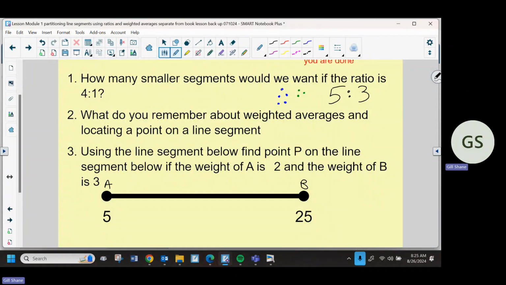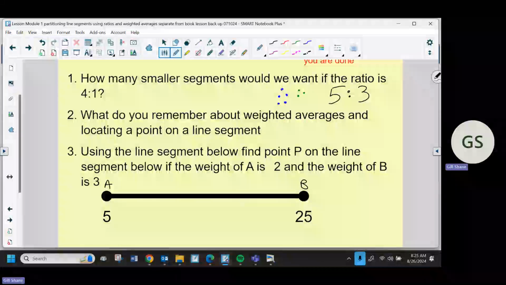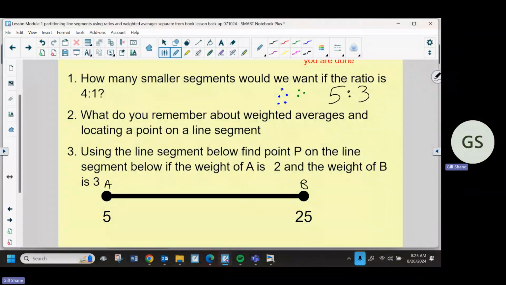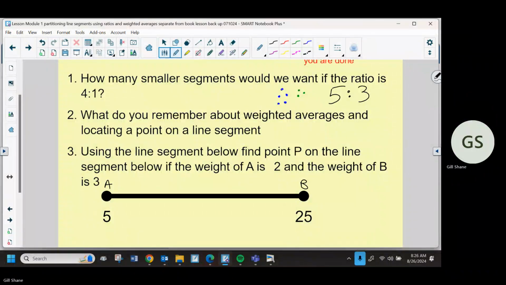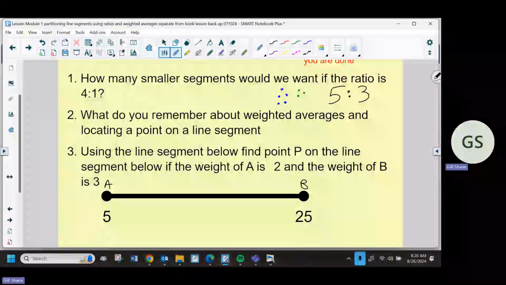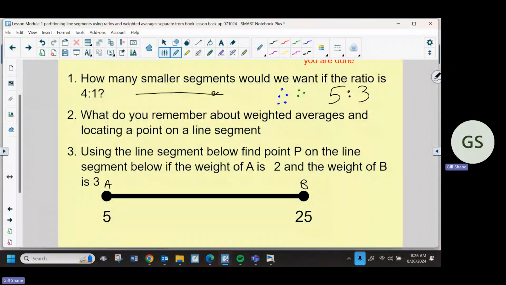And the greater the difference between the two, the longer it would be relative to the other segment. Like 4-1: 4 is 4 times bigger than 1, so it's going to be quite a bit bigger in that case. On the quiz, there's a question where I don't give you any numbers.